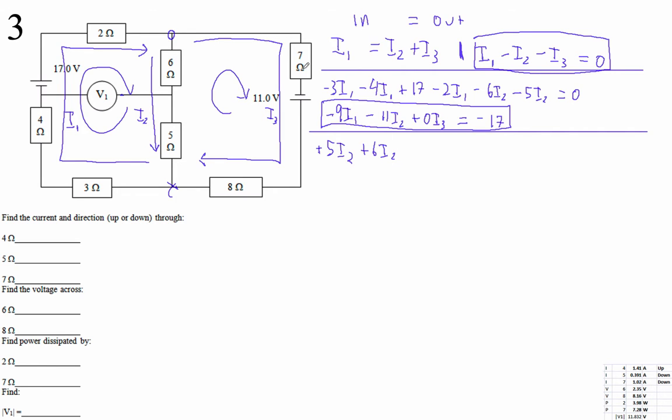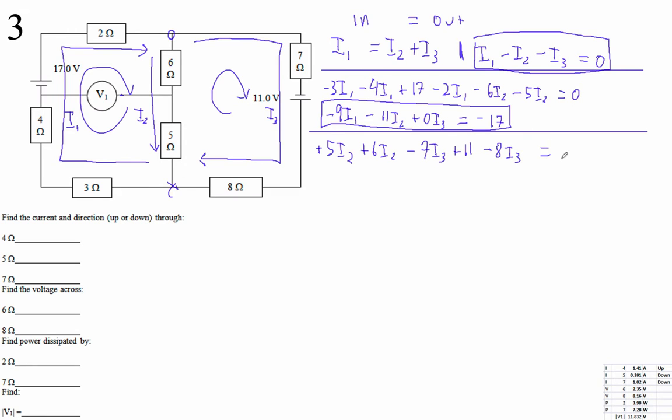Now suddenly we're going downstream, right? So minus 7I3. Then we go the correct way through this cell here, so plus 11. Then I go downstream through this one, so minus 8I3. And now I'm back.